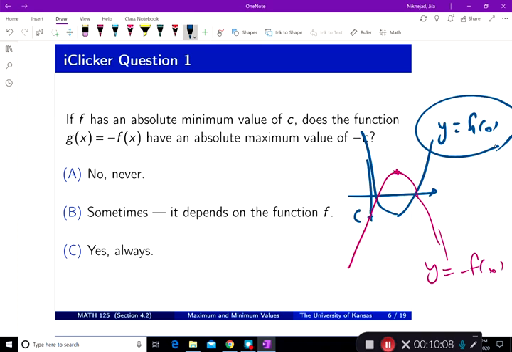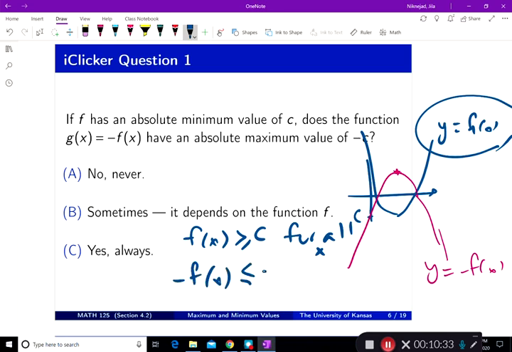To make sure that it's actually always working, remember, if f has an absolute minimum value of c, that means that f of x is bigger than or equal to c for all x. Now multiply both sides by a negative sign. You get negative f of x is less than or equal to negative c.